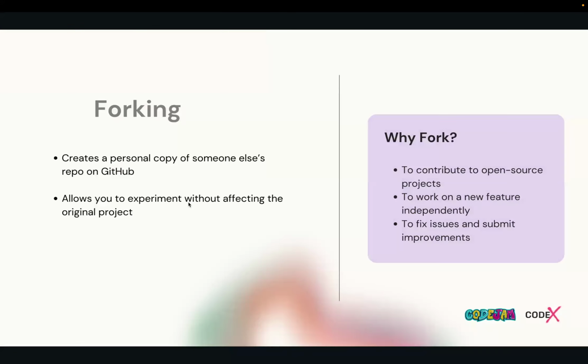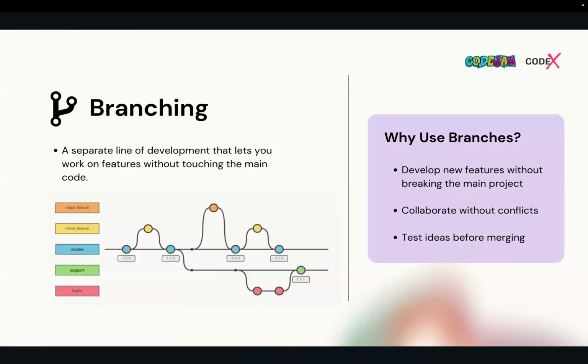Next, we are going to talk about branching. As I mentioned in the very first slide, branching is very essential because in your local working copy as well, it's better to maintain the main. Let's say main is the branch where the actual product is hosted.